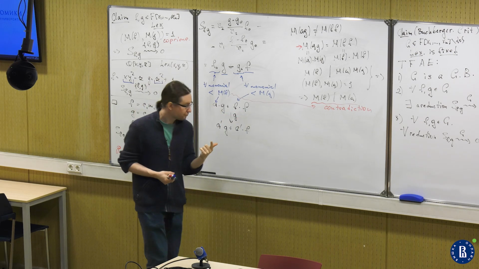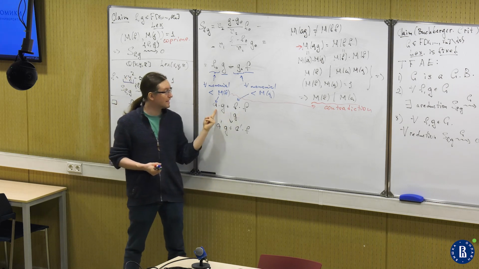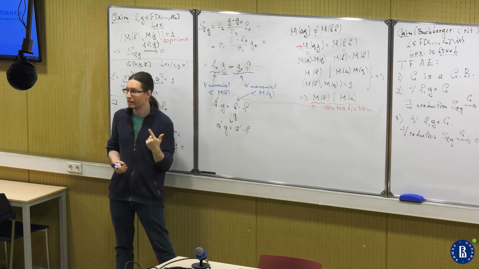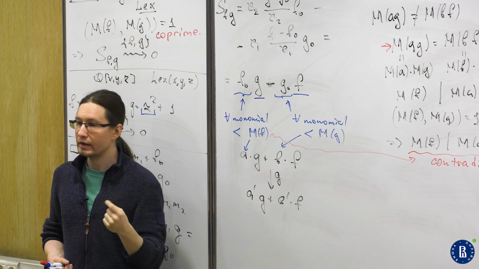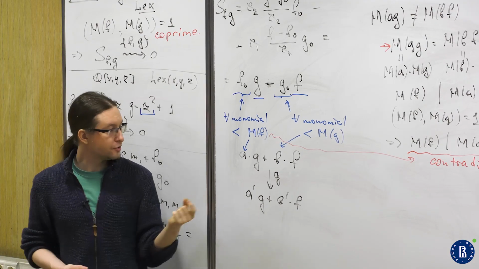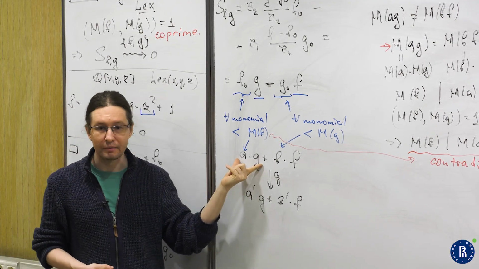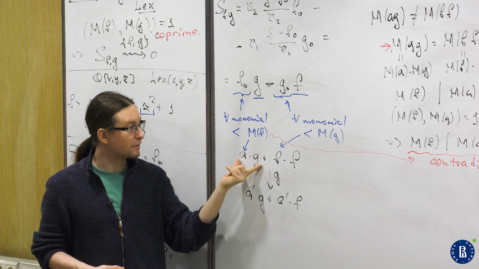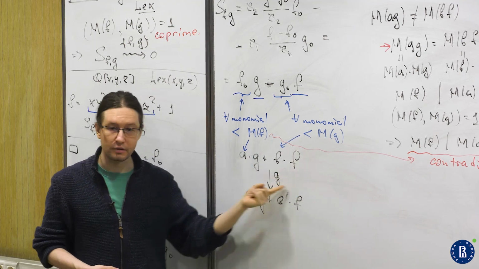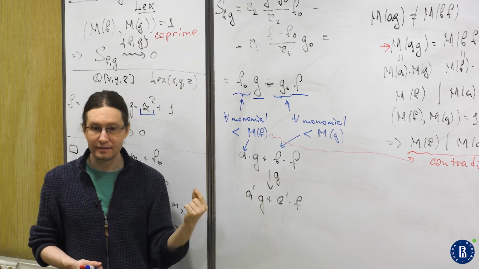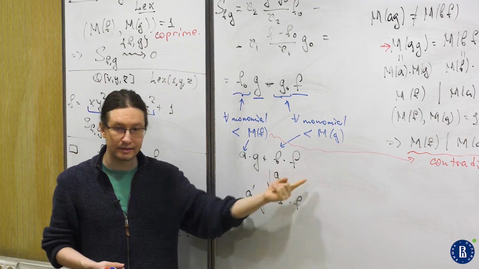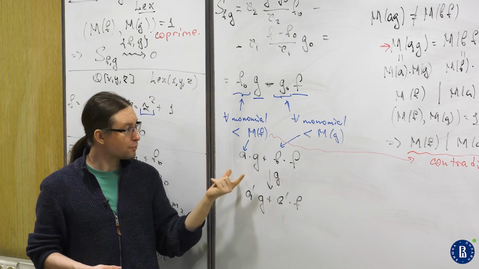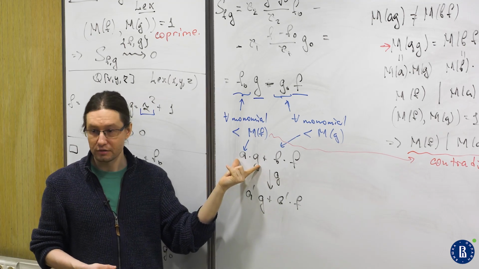But now, if the leading monomials here and here are distinct, at least one of them is higher. Let us assume that the leading monomial of the first summand is larger. Then it is larger than any monomial here, so it cannot be cancelled. So it's present here, and that's why you can reduce it by g.